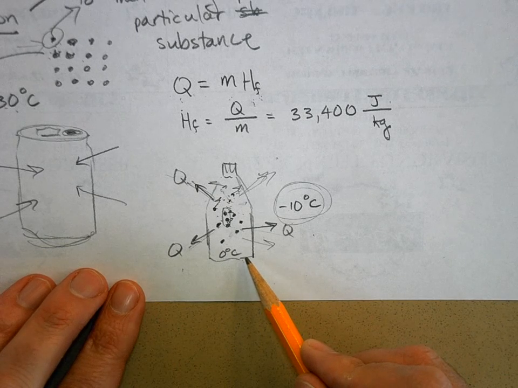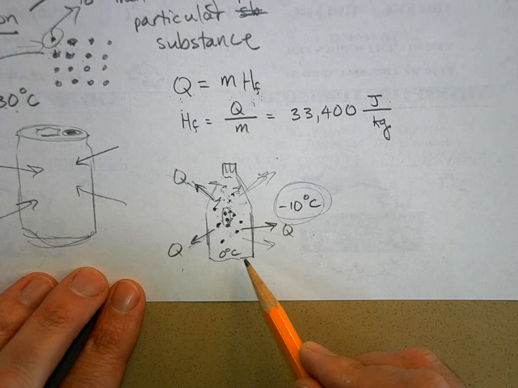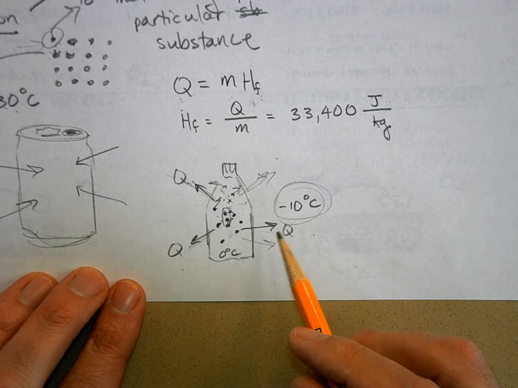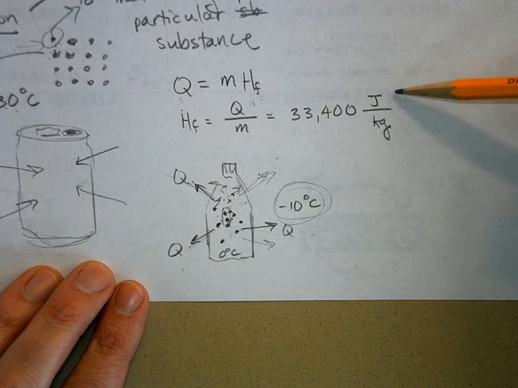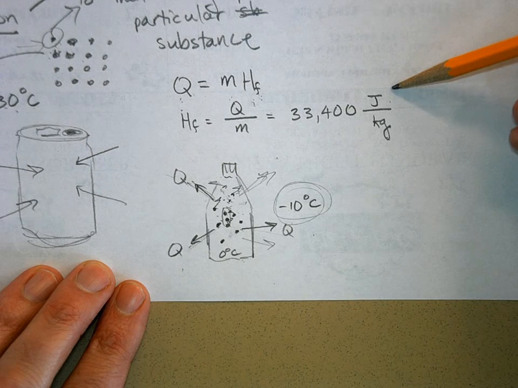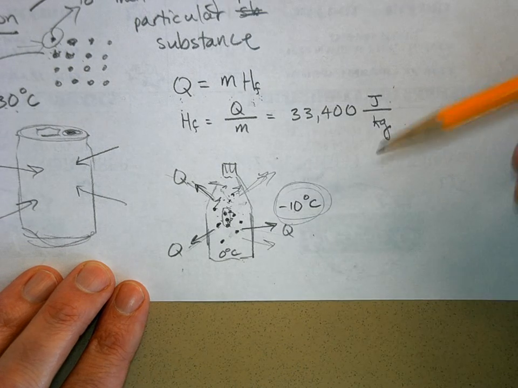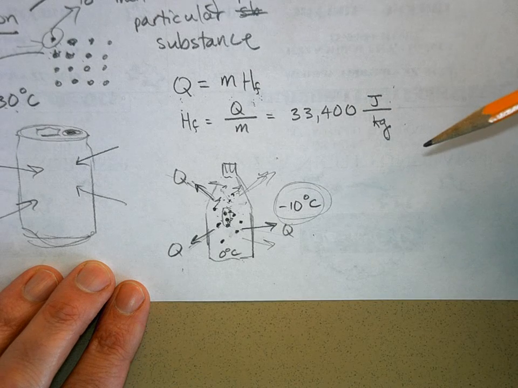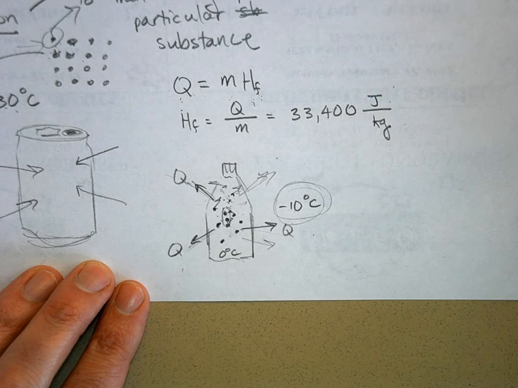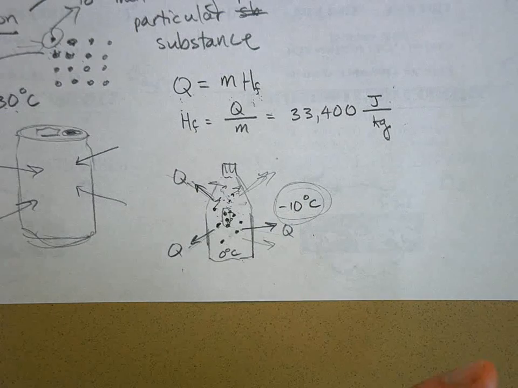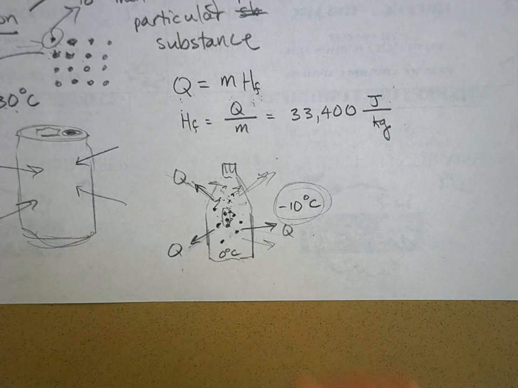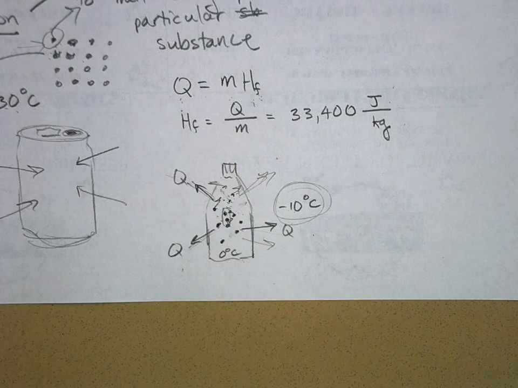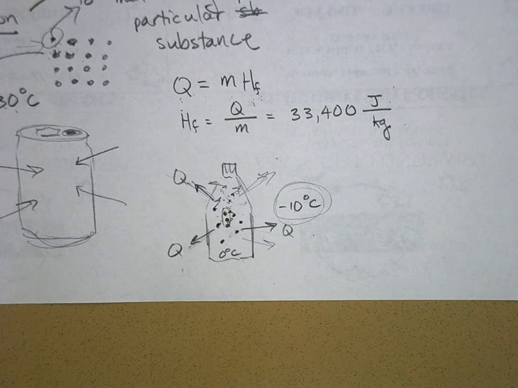And that's a change of state. And for water, this is how much energy you need to transfer out of it or into it to change a kilogram from a solid to a liquid, or a liquid to a solid, right? From liquid water to ice, or from ice to liquid. See, if heat's flowing in, you're going to melt it. If heat's flowing out, you're going to freeze it. Okay? So it's the same kind of deal.